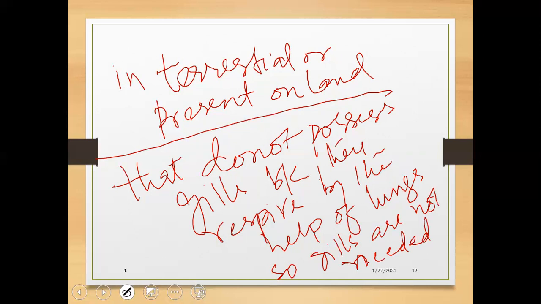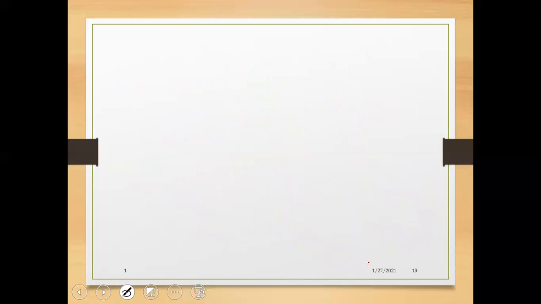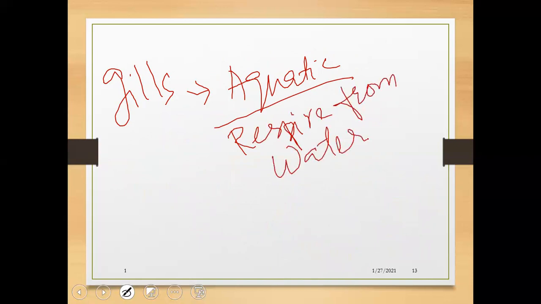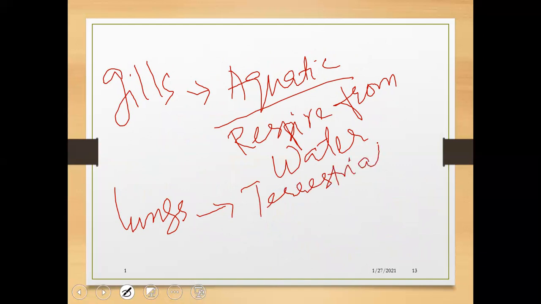Pharyngeal gill slits are converted into gills. Gills are necessary for those organisms that are aquatic and respire from water, and lungs are necessary for terrestrial organisms because they respire from air.